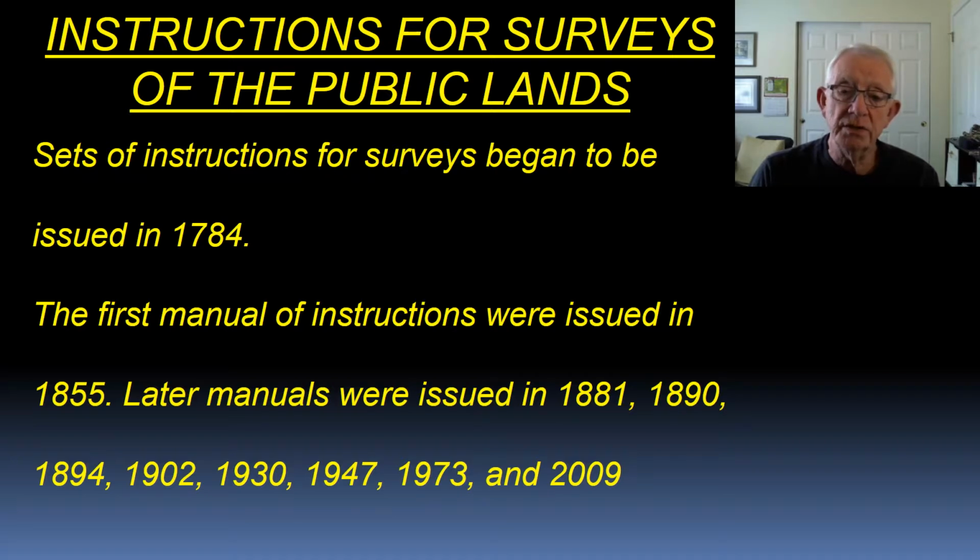Later manuals were issued in 1881, 1890, 1894, 1902, 1930, 1947, 1973, and the current manual is 2009. The reason that they made all these manuals is because the system became more sophisticated as we got more involved in the public land survey system.